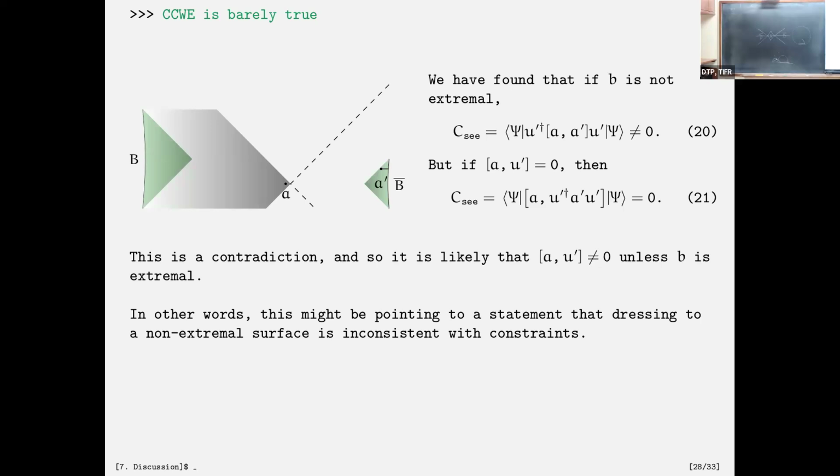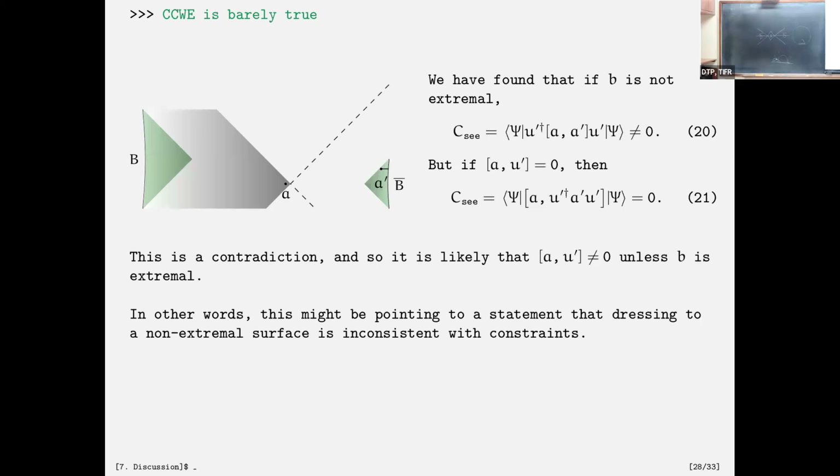Tracing to that surface should also work, but somehow it doesn't work. That's something nasty, in a completely non-obvious way. So this might be pointed at taking that tracing to a non-extremal surface being inconsistent with constraints. What I used was basically a constraint on a null surface.